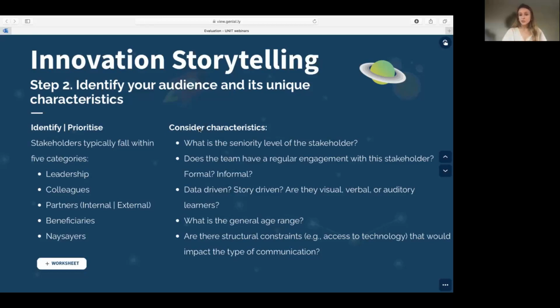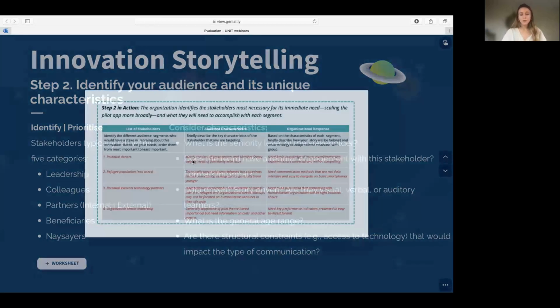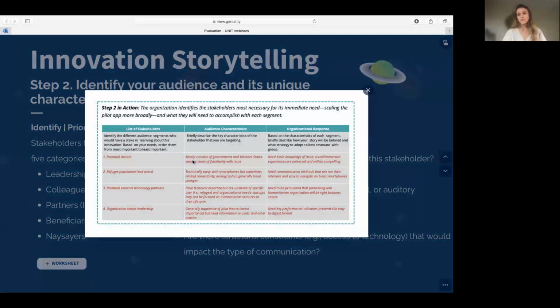Is this audience data-driven, story-driven, in a general age range, or are there any structural constraints that we have to take into account when telling this story, for instance, technology-wise? These are just some key questions that are really useful in order to consider the unique characteristics that your audience may have. And once you have selected both, you will be encouraged to fill out the worksheet.